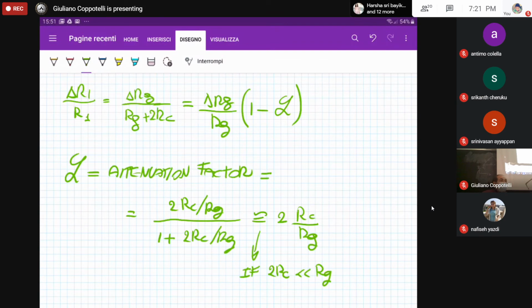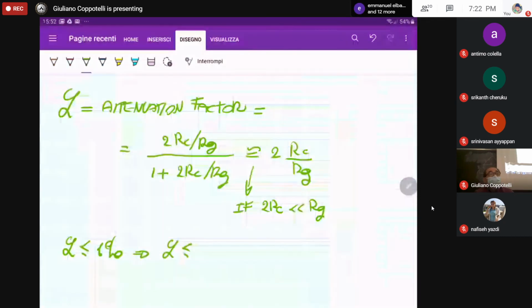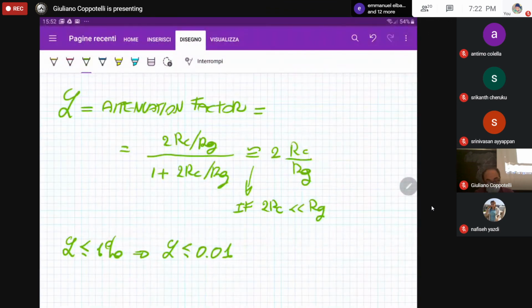How can you use that? You can use this equation simply by itself. For example, let's assume that we would like to have an attenuation factor less than 1%. From the test measurement design point of view, saying that L should be less than 1% means that L should be less than 0.01.